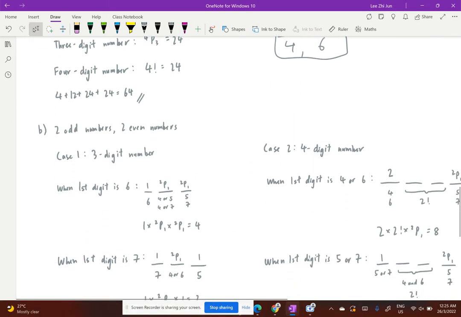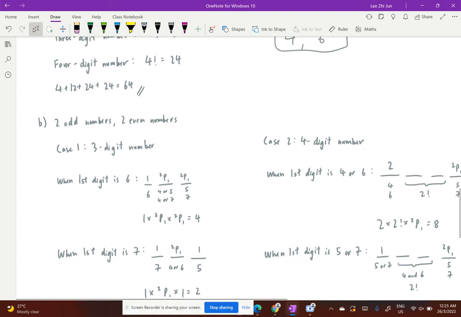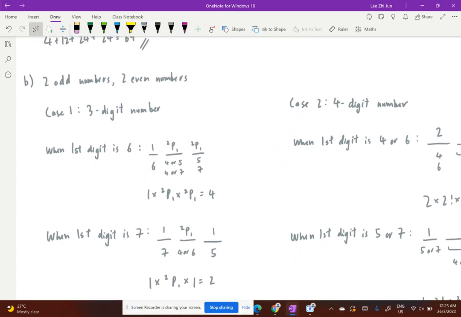When the first digit is 6, the first digit should be 6, and an odd number last, so 5 or 7, so 2P1. Then I have two digits left, and I choose from them, 2P1. So the total will be 4.